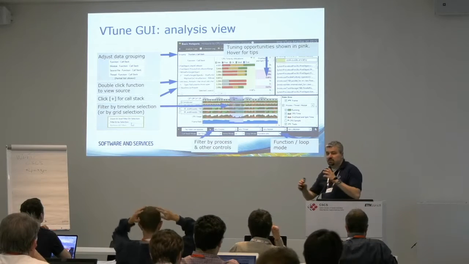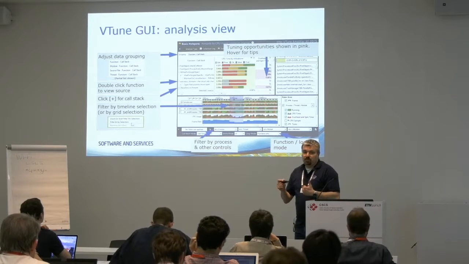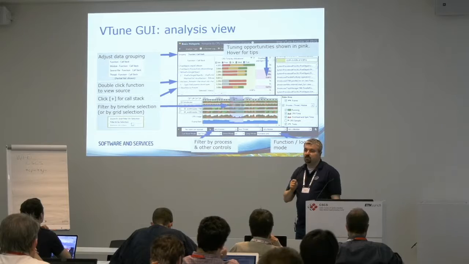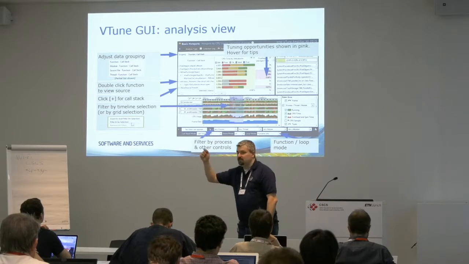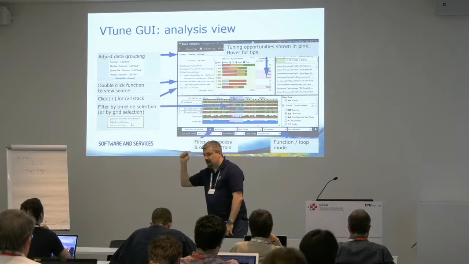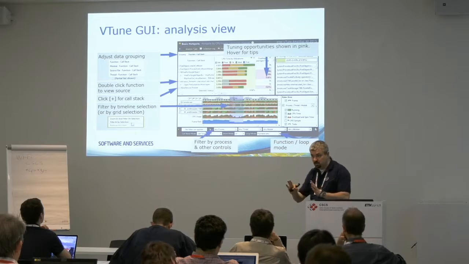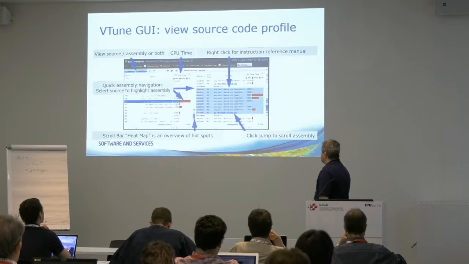Okay? And then, of course, you can add information to it. So there's a way you can programmatically tell VTune that now the preconditioner of your code starts, the preconditioner ends, and now the solver starts, and it does iterations, and you can have a tick mark on the timeline for each of your iterations in the solver if you want to. Okay? So there's a lot more information that you can also add manually if you want it.